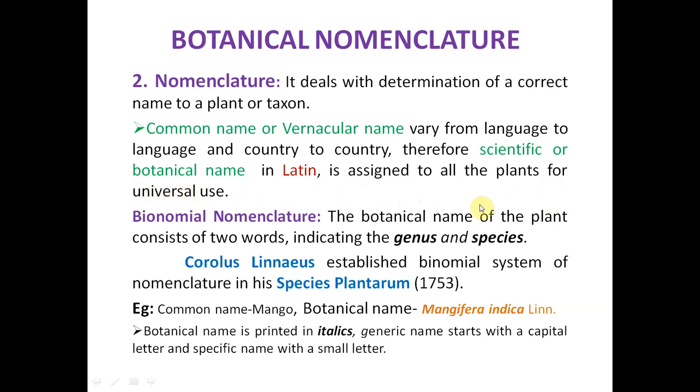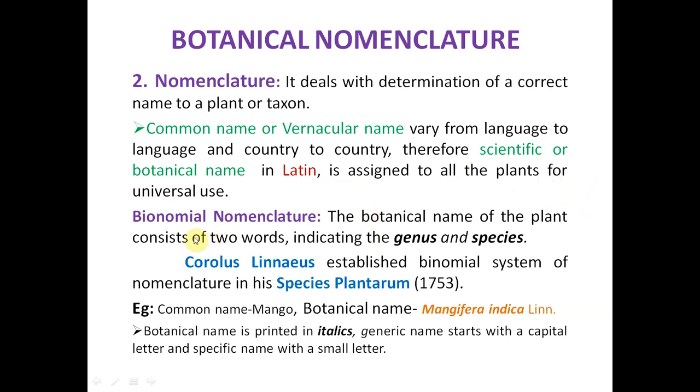It doesn't change from area to area, from language to language. It is never changed in any country, in any region, in any language. It is always used in Latin. The same name is applied everywhere, so it is also called the universal name.